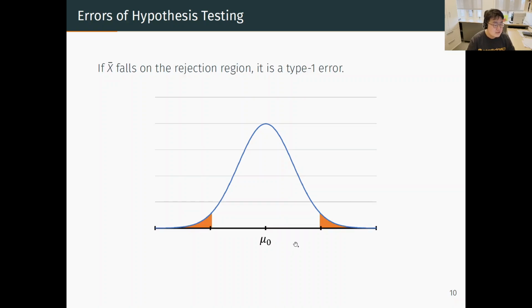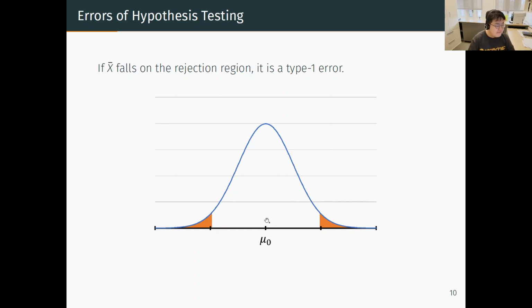But the problem is, even though the center is correctly mu0, there is some probability that the sample average takes a value in the rejection region. It is possible that the sample average takes a value that is too different from mu0, from the center, even though the center is correct. That's when you have a type 1 error.